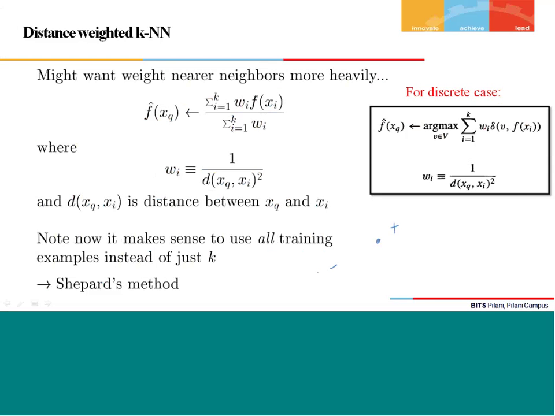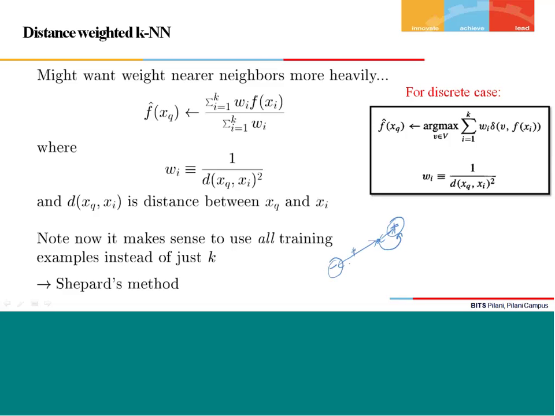If I find that this is the nearest one, I should give more weight to this class label, and this is the farthest one, so in comparison I should give less weight or less importance to this class label. I calculate this importance using the Euclidean distance from the query point to the class label's point.